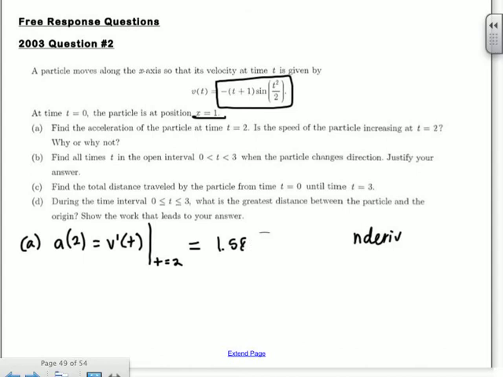Okay, let's say we didn't do it with our calculator, though. So let's say this was a non-calculator portion, which it wouldn't be because t equals 2 would be weird. But let's say it's a non-calculator. We don't know how to do the nDeriv. So if we don't, then we go ahead and we take the derivative, so v prime of t, and you break it into 2 pieces. So I'm going to take this whole piece here and this whole piece here, and use your product rule. So I'm going to have negative t plus 1, so that normal, times the derivative of the sine part.